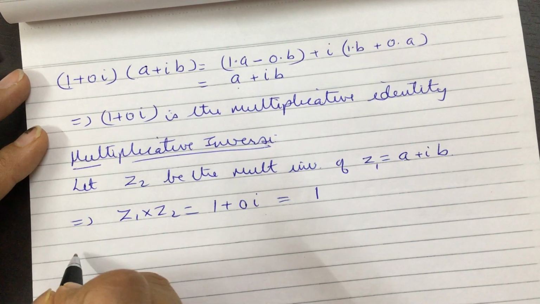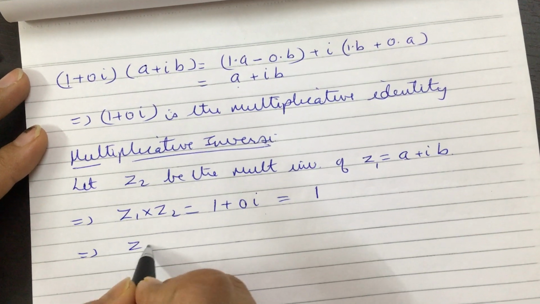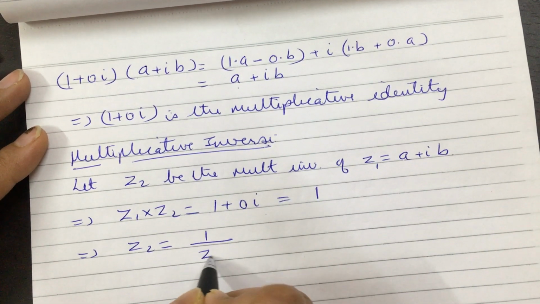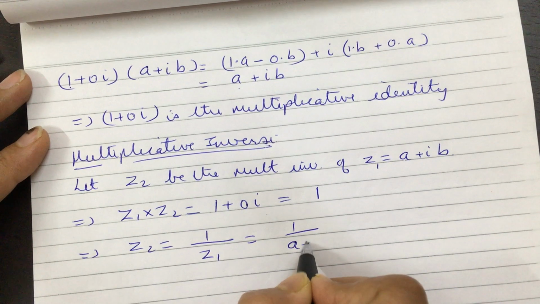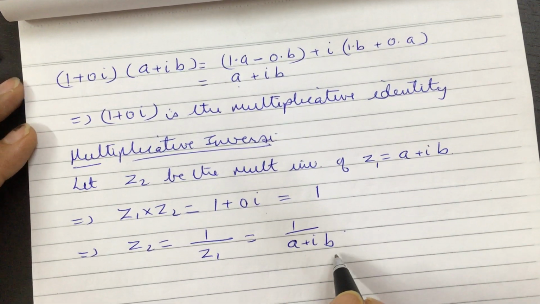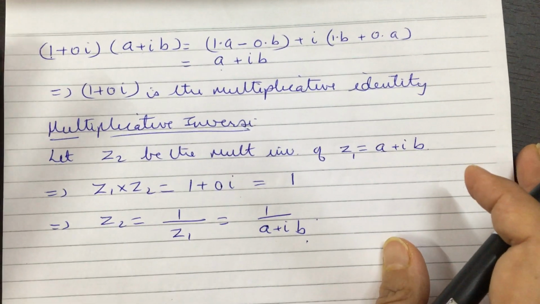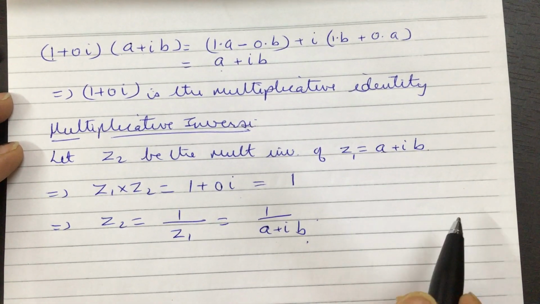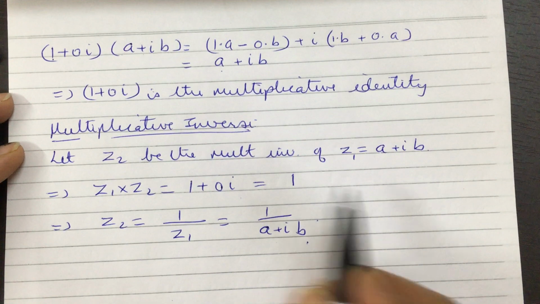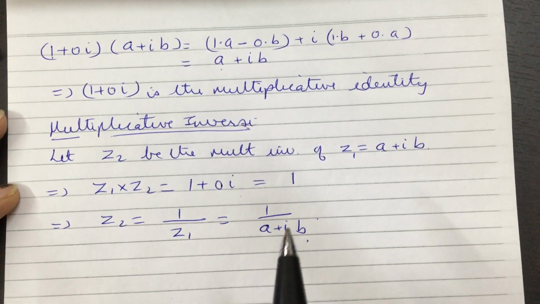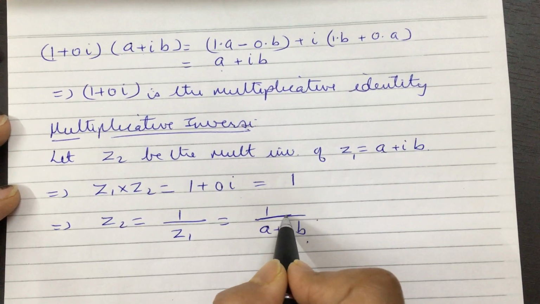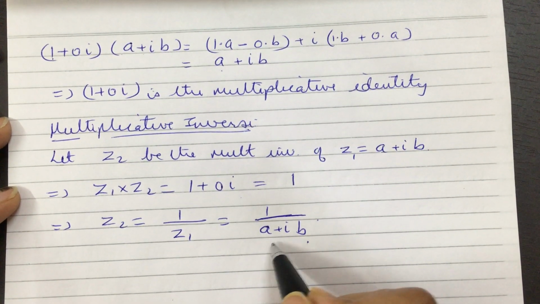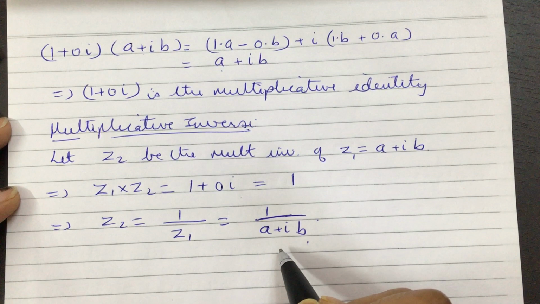Now, it implies that Z2 is equal to 1 upon Z1, which is 1 upon a plus ib. We need to solve this. Now, we claim that the multiplicative inverse is also another complex number. So, we have to see how. Okay. Now, as you have already studied earlier, we never leave a square root or an irrational number in the denominator.